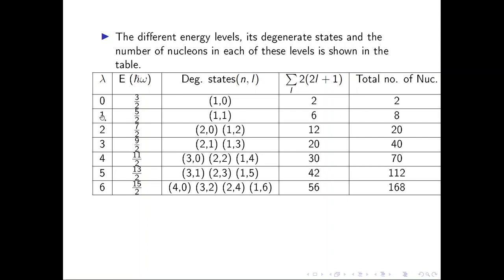Now for lambda equal to 1, the energy value will be 5/2 ħω. For these degenerate states, what are the different combinations of n and l? Only one combination, n is 1 and l is 1, gives lambda equal to 1. So in this summation over l, only one l value: 2 into 2 times 1 plus 1, 2 into 3, that is 6.